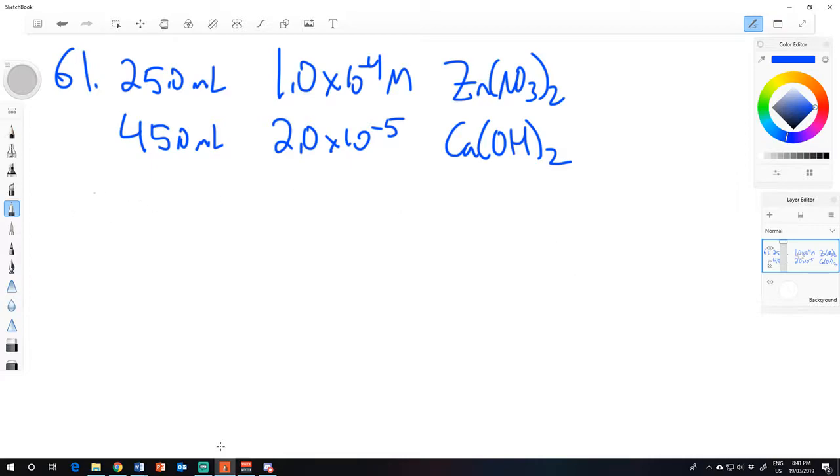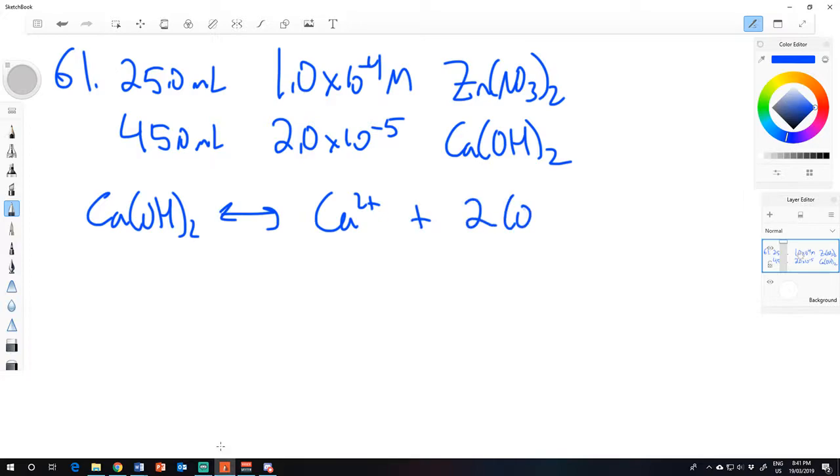So the calcium hydroxide should dissolve into 1 part calcium, then 2 parts hydroxide, like so.